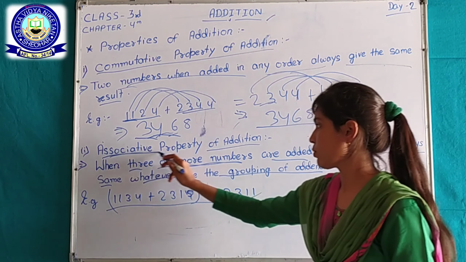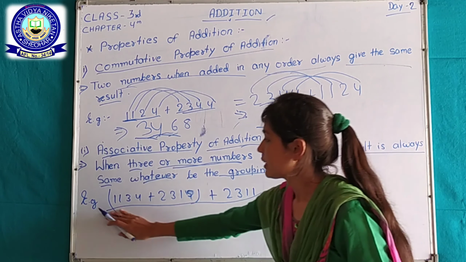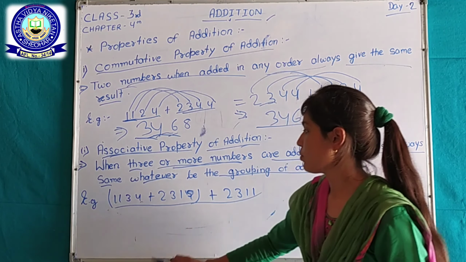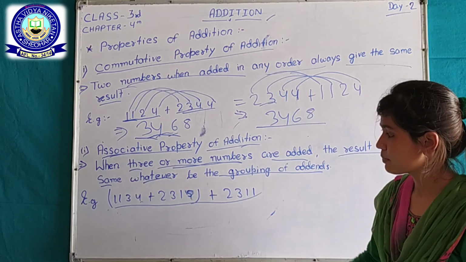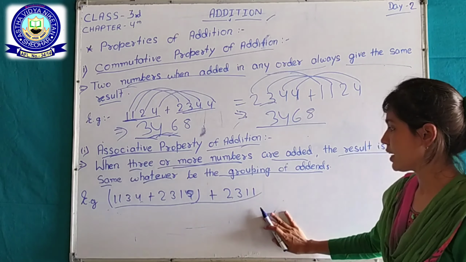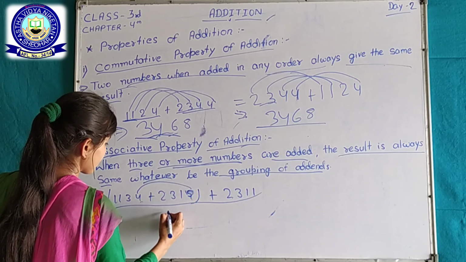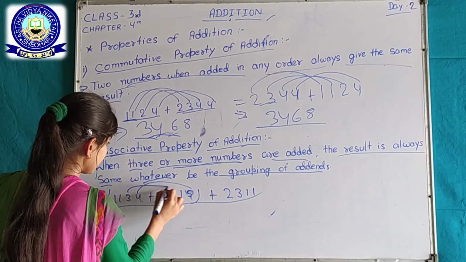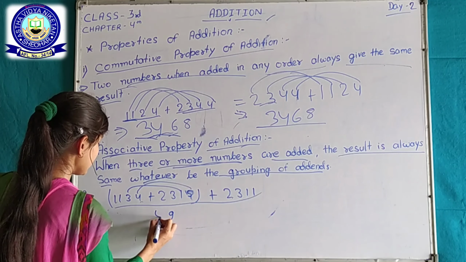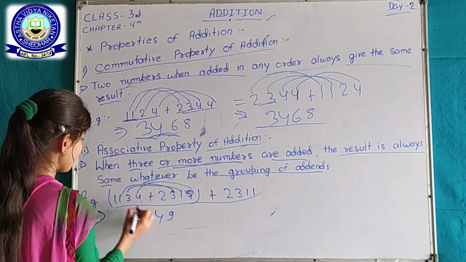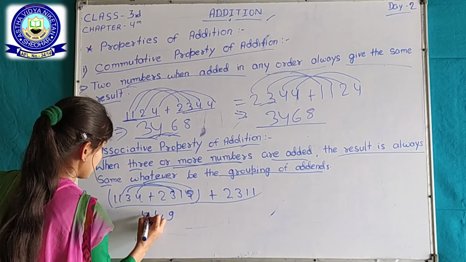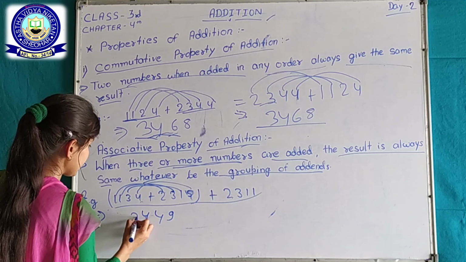In the associative property of addition, here are 1134, 2315 and 2301. We will have to add them. 4 plus 5 we get 9, 3 plus 1 is 4, and 2 plus 1 we get 3.